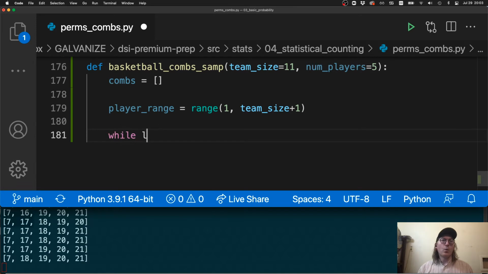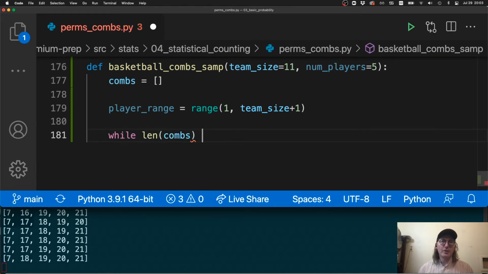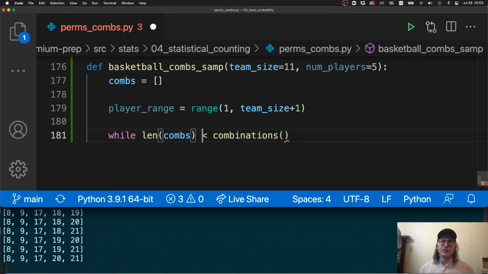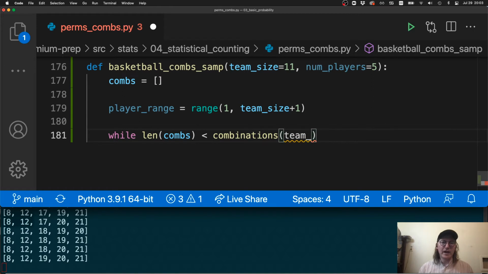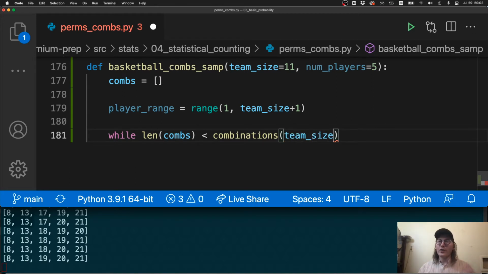I'm going to say while the length of the combinations is less than, and I don't want to say this is me cheating exactly, but we have a formula for combinations. We know how many combinations we need, right? So I'm going to just utilize that. While this combinations collector isn't as long as the number of combinations we expect, we're going to keep doing this until we get all the different combinations of players.